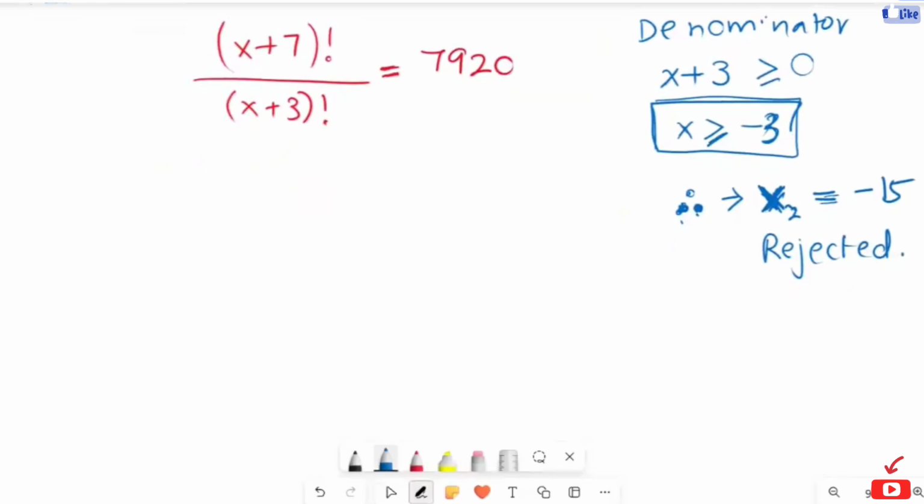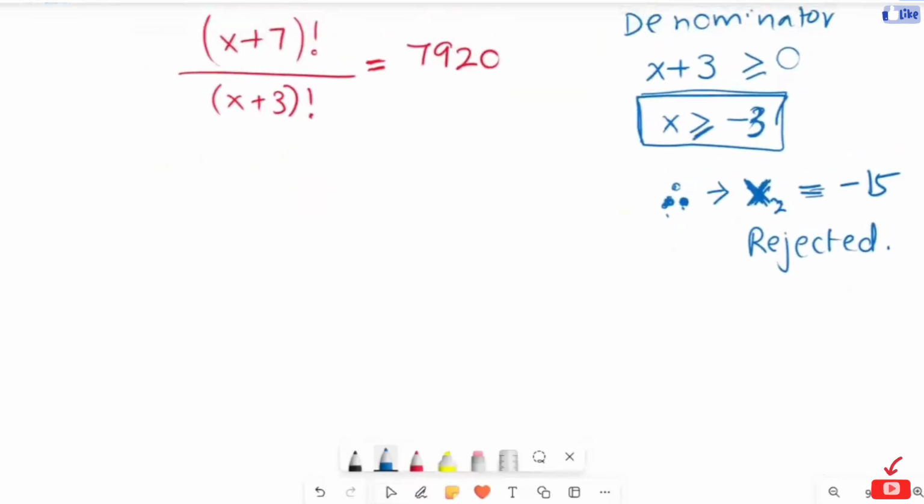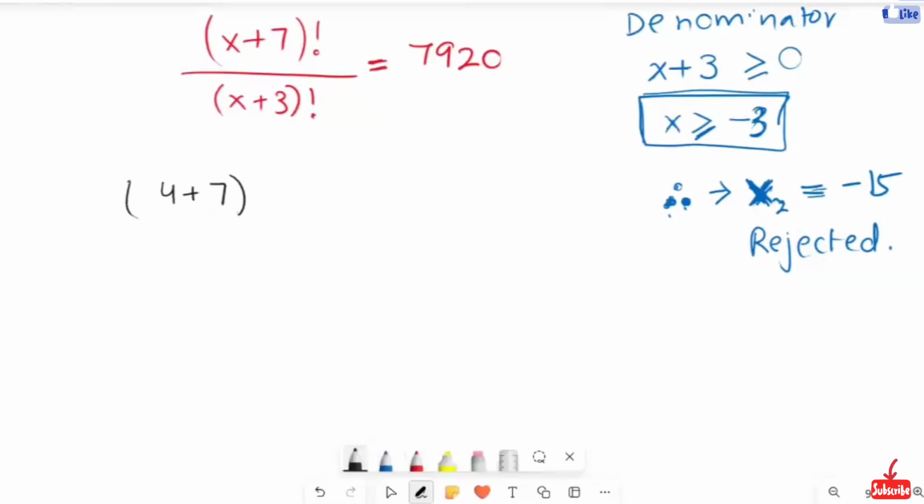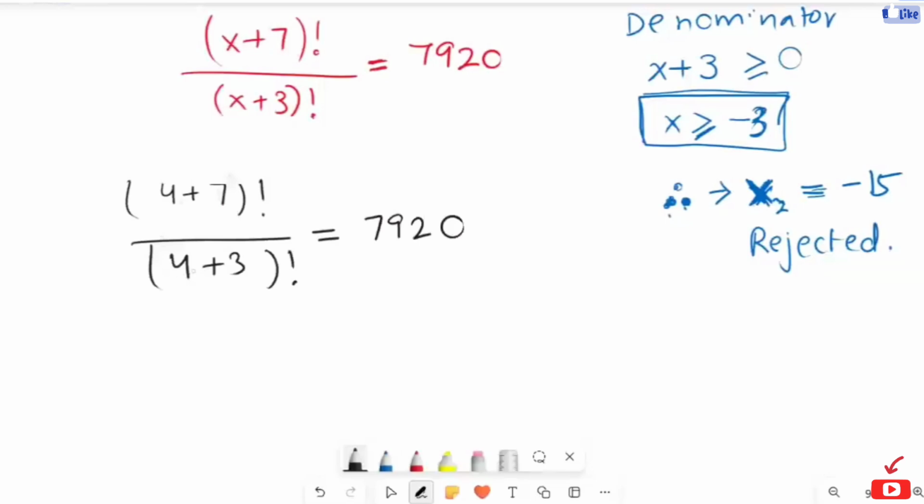Now I am going to use the x1 value, that is 4, and I'm going to verify my answer. Here I plug in the value of x1, that is 4. Now I am going to solve it further. 11 factorial over 7 factorial is equal to 7,920.